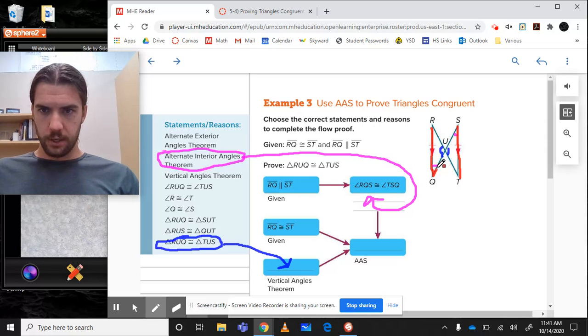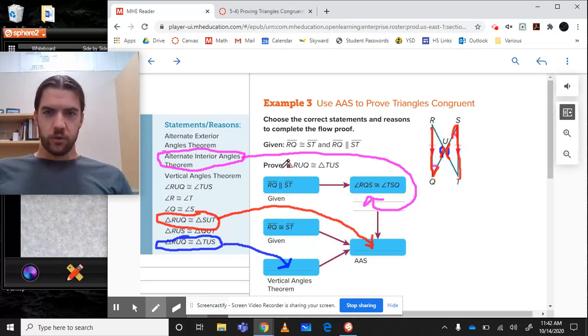Okay, so we've got an angle and a side. And in the other triangle, we have an angle and a side. Okay, so that means that the entire triangle RUQ must be congruent to the entire triangle SUT.